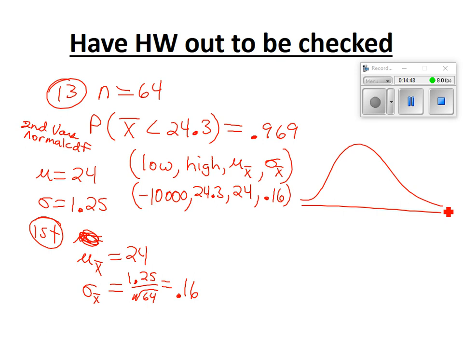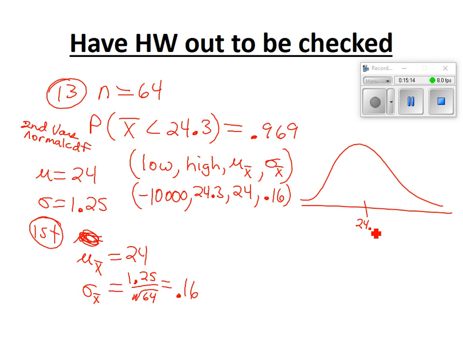Does it make sense if the average speed of all the population is 24 and the standard deviation is 1.25? Does it make sense for 97% to be at 24.3 or lower? I don't know. Let's find out. So if I graph this, what goes in the middle? 24.